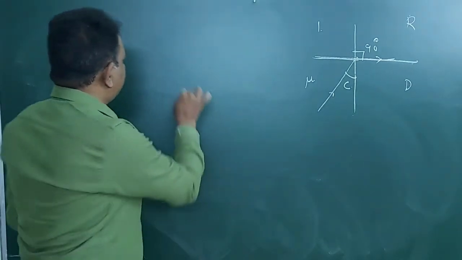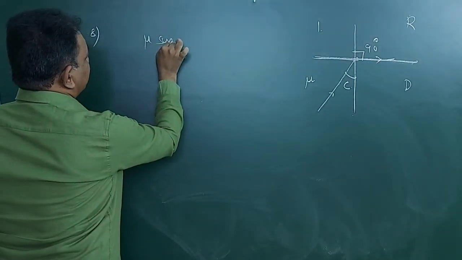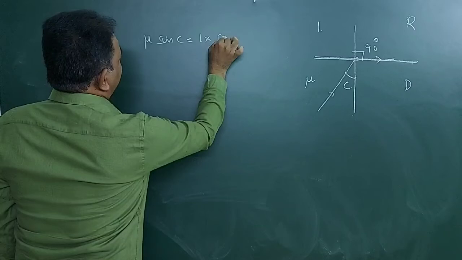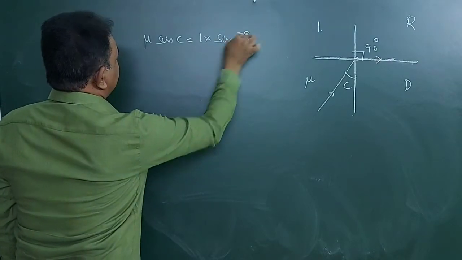So mu into sin C is equal to 1 into sin 90.